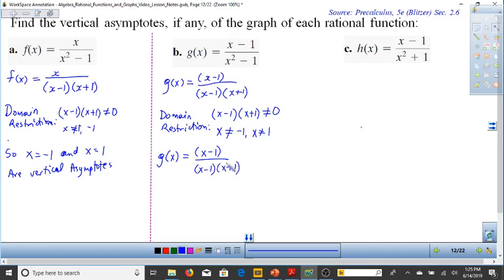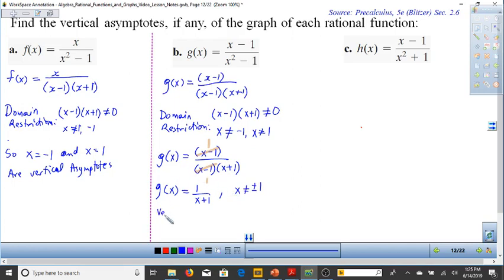Now, that doesn't take this number out of the domain restriction. The function still doesn't work when x is equal to 1. But now it's a simplified function. It is 1 over x plus 1, where x is not positive or -1. x is still not allowed to be positive or -1.